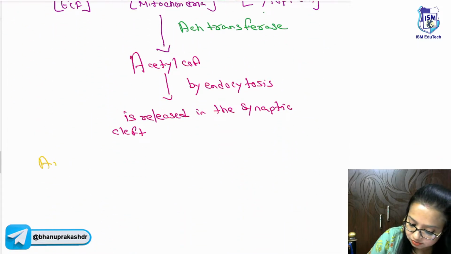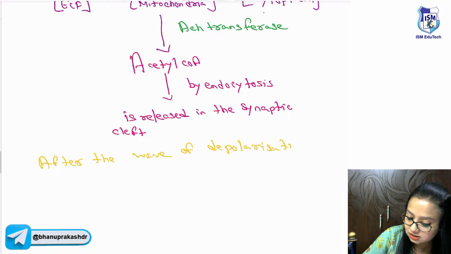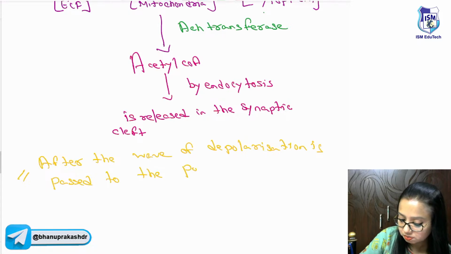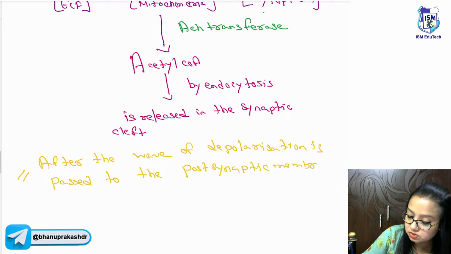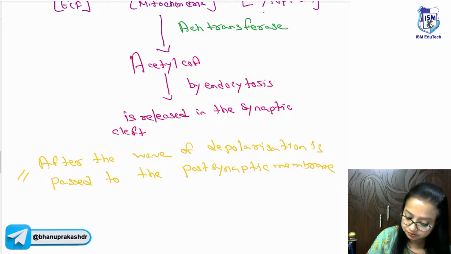So after the wave of depolarization is passed to the postsynaptic membrane, what is this postsynaptic membrane? This is the membrane of the skeletal muscle fiber.